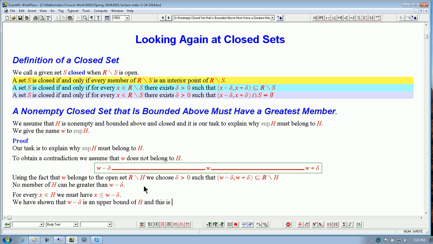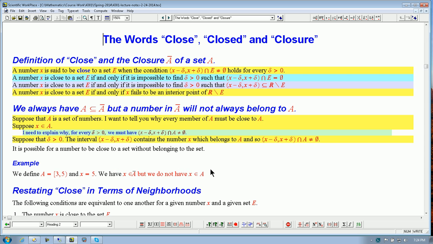And this is impossible, because W minus delta is less than the least upper bound. It violates the argument. If you're less than the least upper bound, you are not an upper bound, you see? Okay.